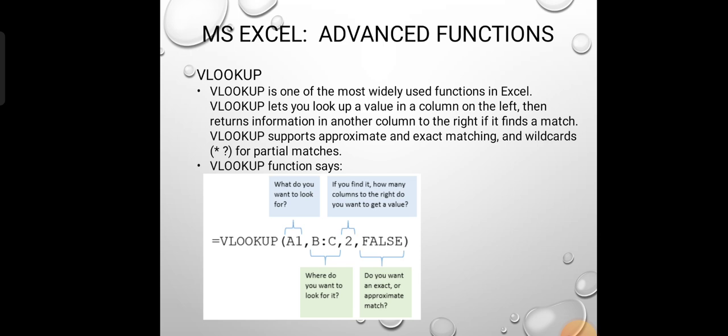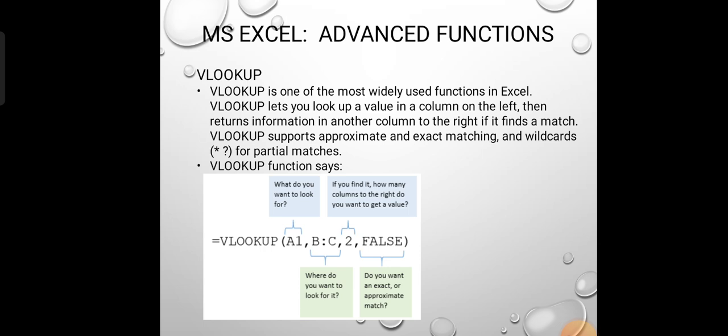First we discuss VLOOKUP. VLOOKUP is the most widely used function in Excel. It looks up a value in a column on the left, then returns information from another column to the right, if it finds a match. Once again I repeat that. VLOOKUP is the most widely used function in Excel.